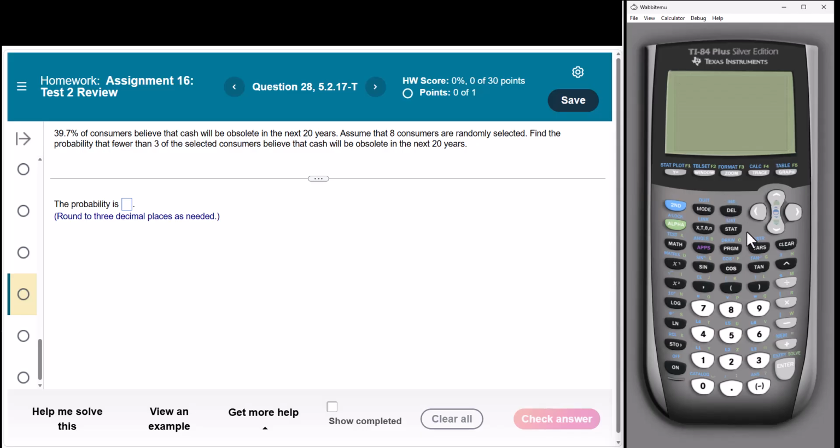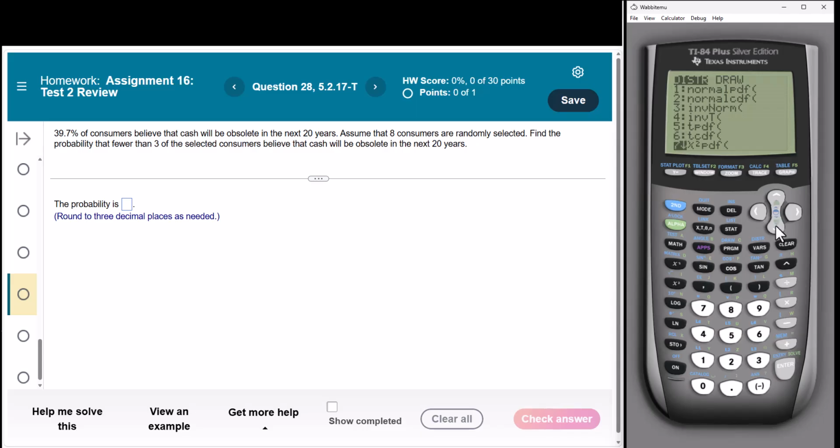But the way I do it is I click second, and then this VARS key right above it, it has DISTR, which stands for distribution. We'll be using this on the TI-84 calculator for normal distribution functions as well when we get there. But for now, we're using it for binomial. And it gives us a list of distributions. Well, I scroll down until I find BinomCDF.